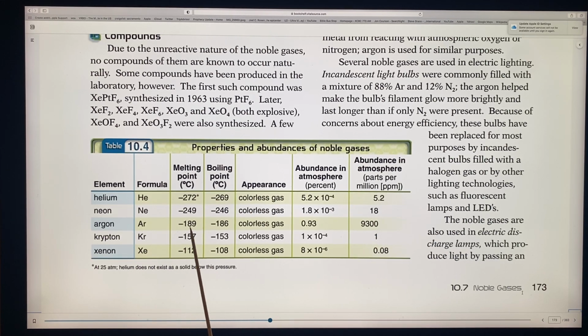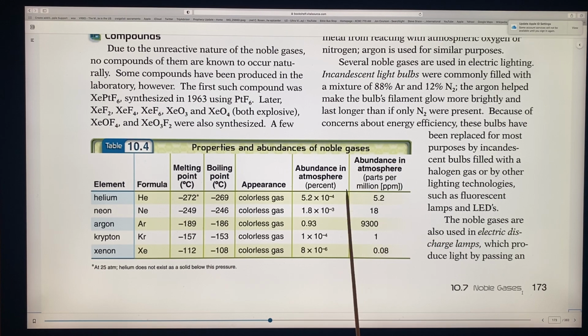Onto argon, with a melting point of negative 189 and a boiling point of negative 186 centigrade. This is a colorless gas. Abundance in the atmosphere is 0.93%, or 9,300 parts per million. Krypton has a melting and boiling point of negative 157 to negative 153, a colorless gas.